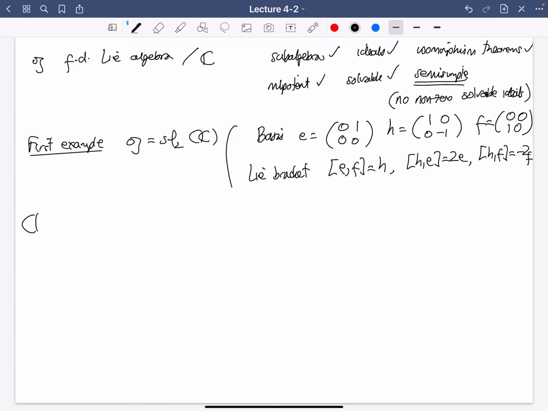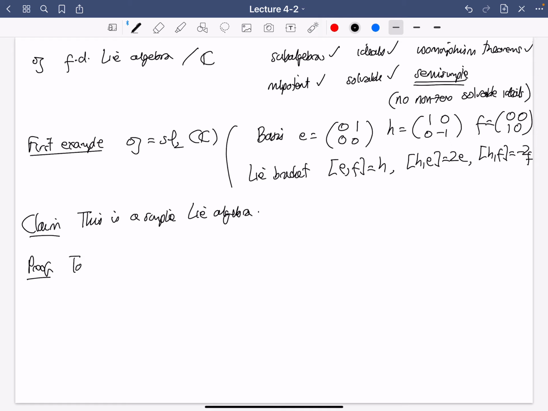Okay, so I'm going to prove one thing about the Lie algebra SL2, that this is a simple Lie algebra. So it has no non-zero proper ideals. And so let's give the proof. It's not really too hard.